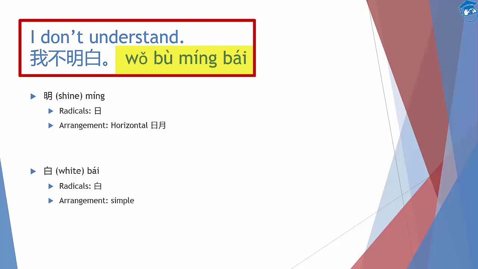The radical is this one, the sun on the left, and the arrangement is horizontal. Here's how I write Ming. 1, 2, 3, 4, 5, 6, 7, 8. Ming.